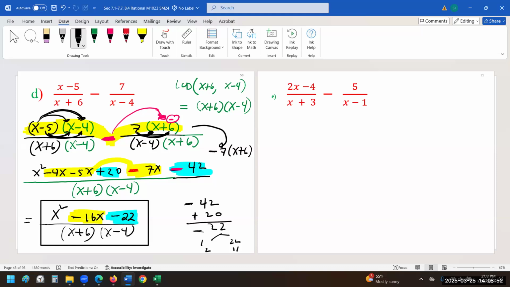I don't even want to try that last problem.